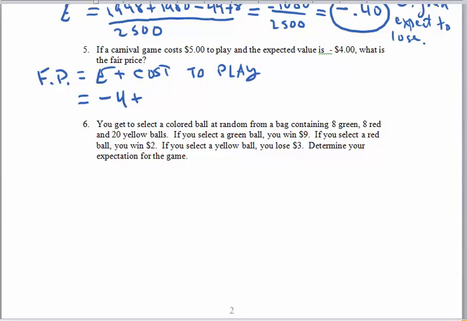The cost to play was 2, because that's what it cost. So negative 0.40 plus 2 is actually 1.60. And again, remember, the fair price is the amount that would be charged if the house, the people that are running the raffle or game or whatever you want to call it, would break even.